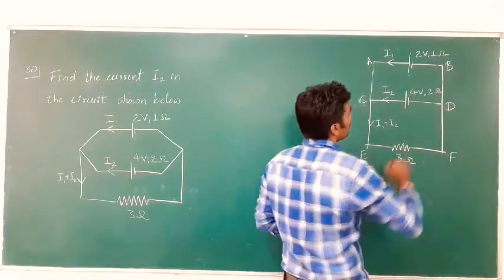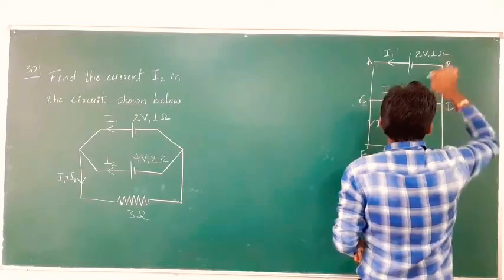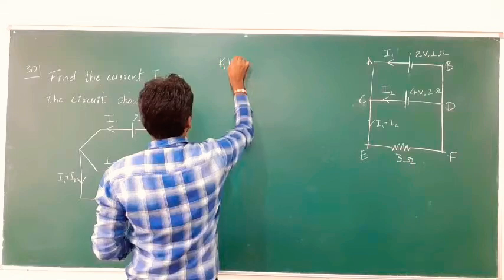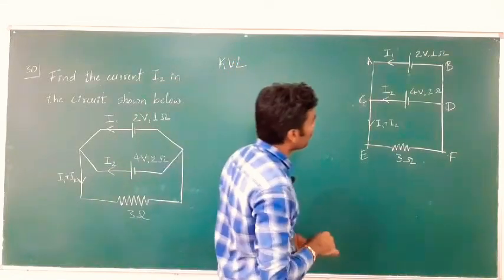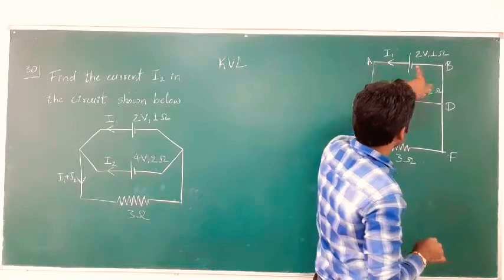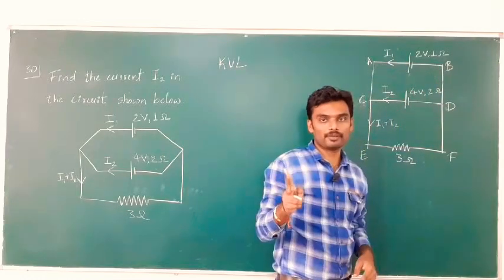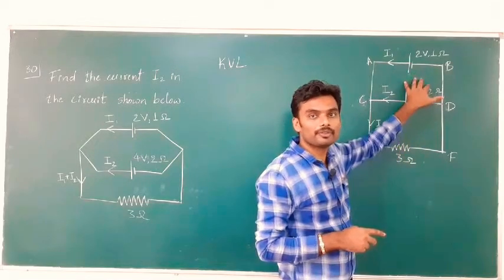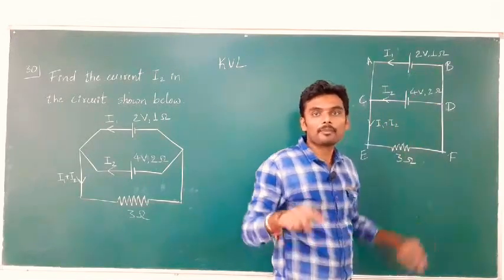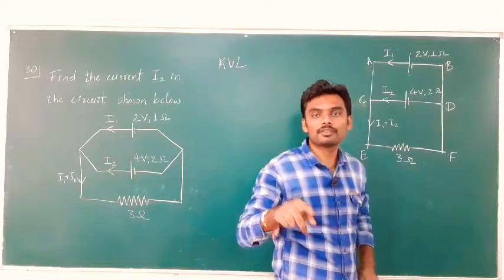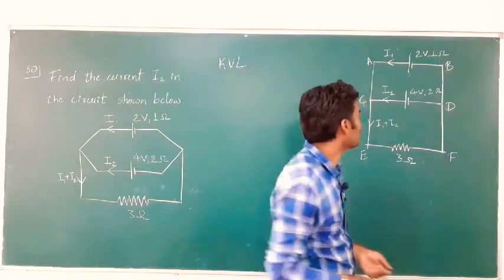Now, applying Kirchhoff's voltage law, KVL, for the two loops here. I only have two loops here. When I apply KVL to these two loops, I am going to get two simultaneous equations, and upon solving those two equations, I can get I2.